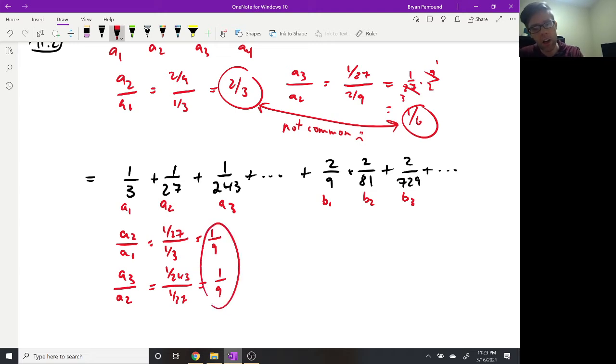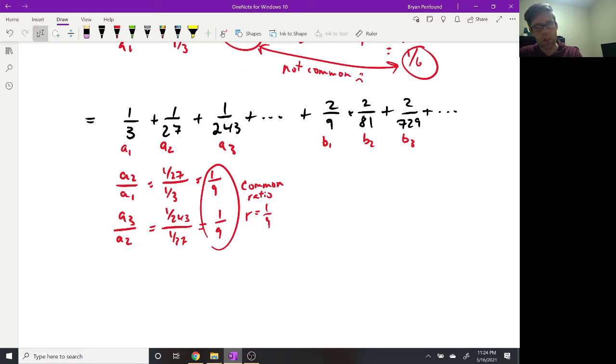So we do have a common ratio here, which is great. Because I know that r is in between -1 and +1, this is a geometric series that's going to converge. So that deals with the first half of this problem.